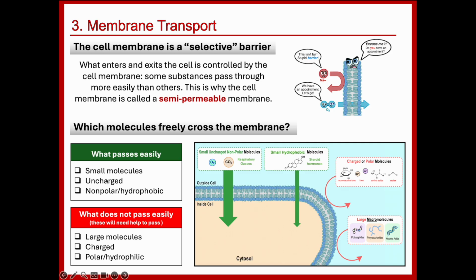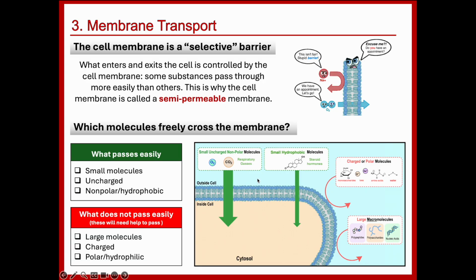So, what can pass through? Small things, of course, but also things that are not polar, right? If you pass through these hydrophobic tails, you need to be okay with mixing with hydrophobic, non-polar things. So if it's uncharged and doesn't have a plus or a minus, then it could probably get through, right?